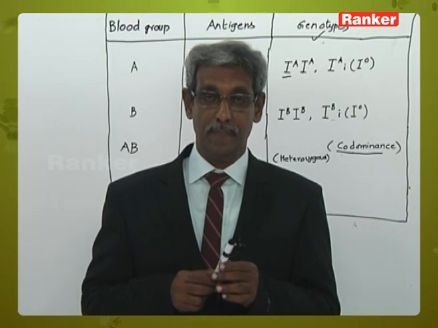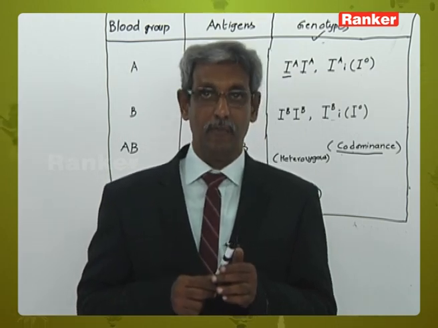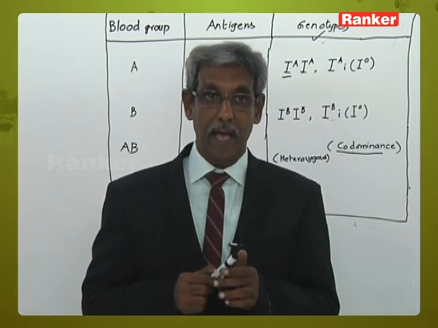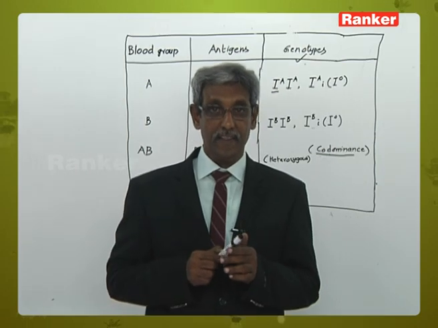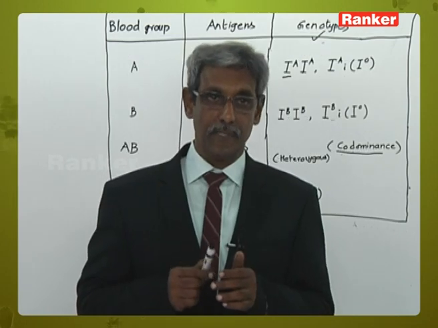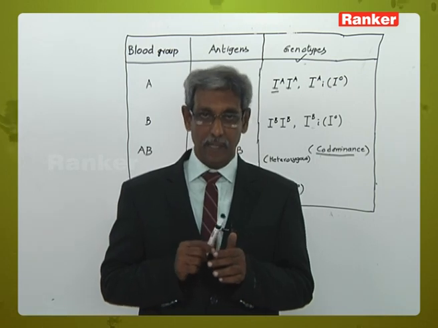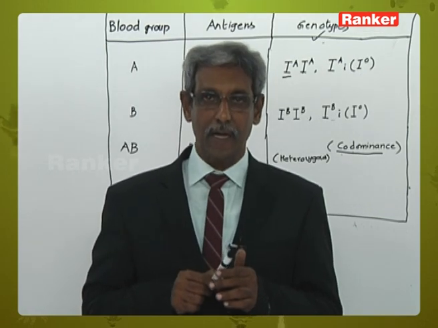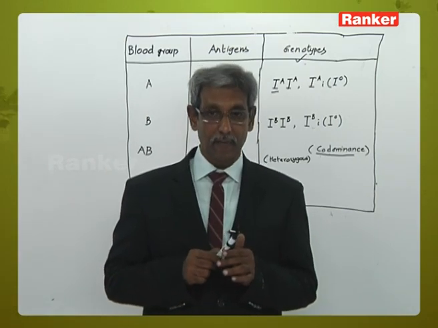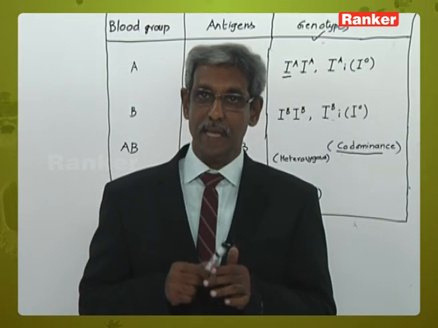The correct choice is that it shows dominance because there is a single gene, monogenic inheritance, in the form of I. Then again there is codominance, as you see in the case of A and B. And it's also an example of multiple alleles because we have a cluster of genes at a particular locus: the A gene, the B gene and the O gene, and the genotypes expressed are IA, IB and i. Therefore, the choice includes dominance, codominance and multiple alleles.